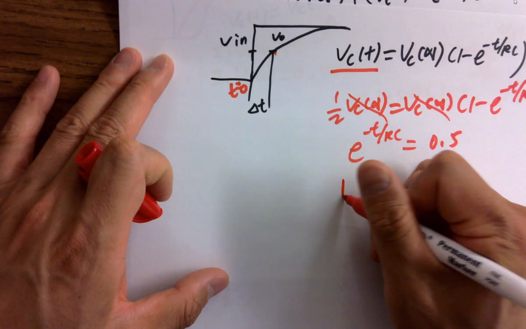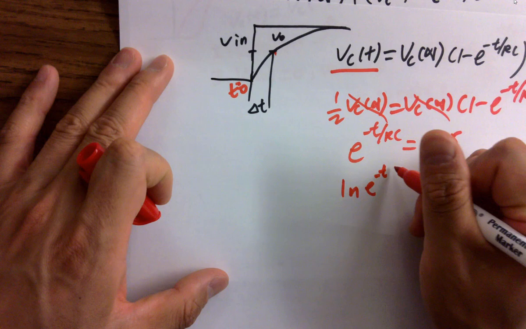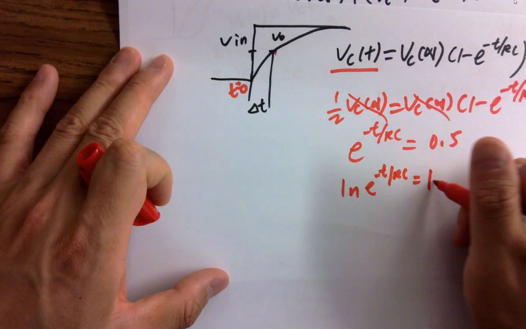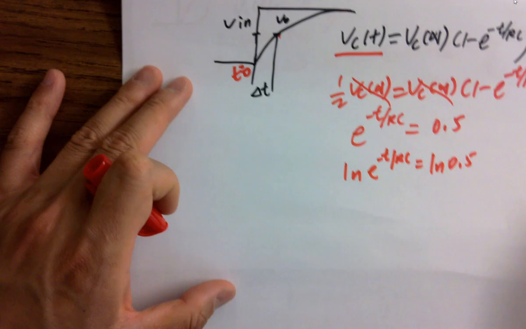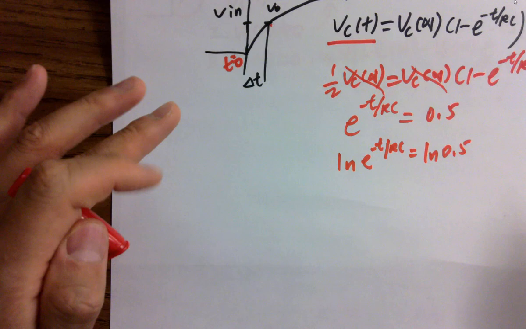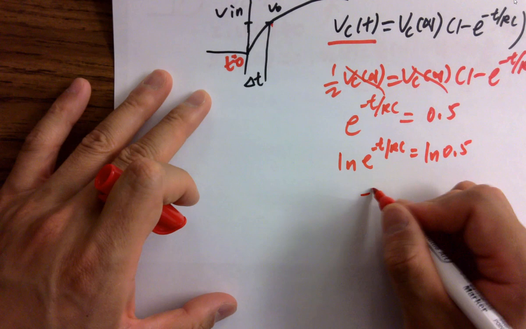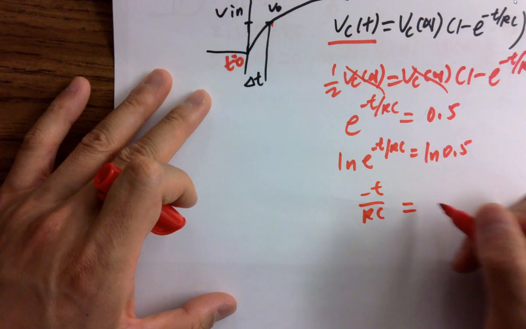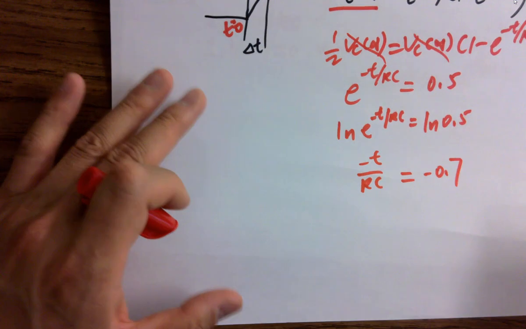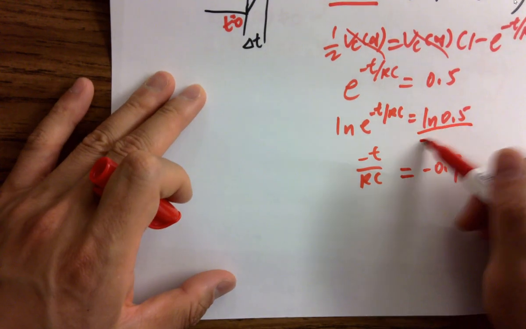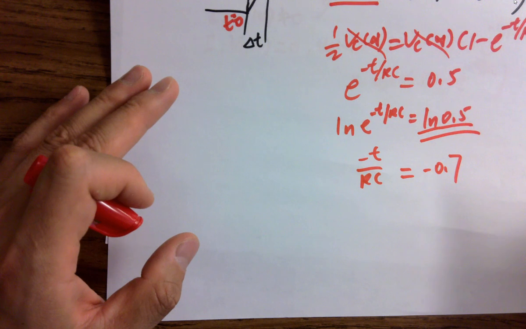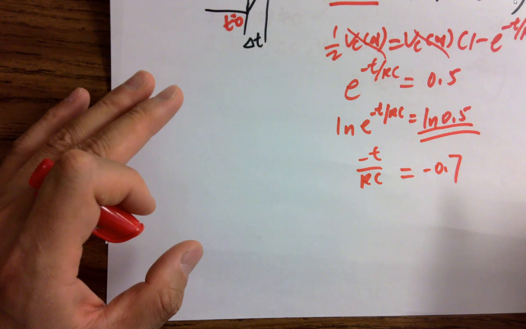Then we do a natural log on both sides. And this becomes, and you can use a calculator to calculate this, it's going to be minus 0.7.